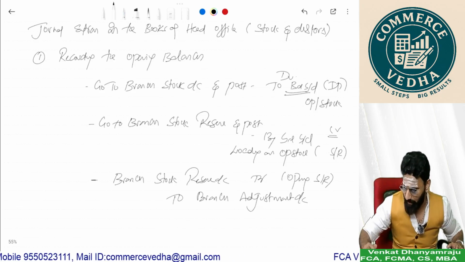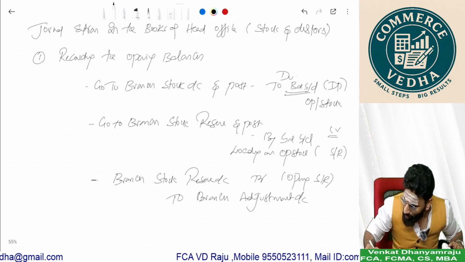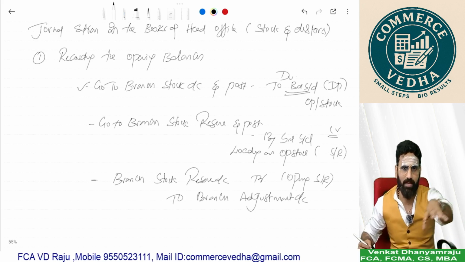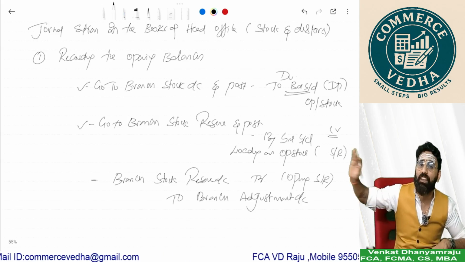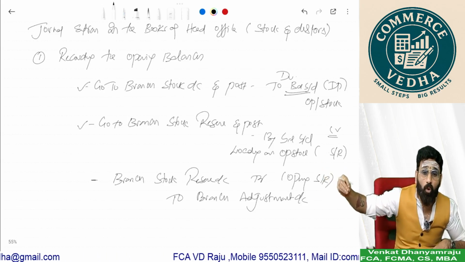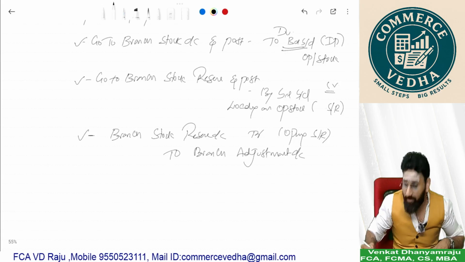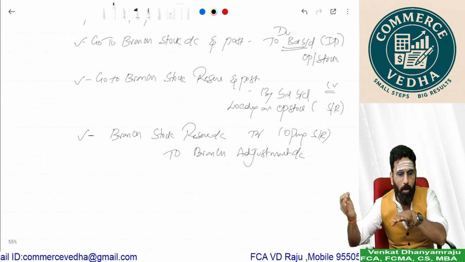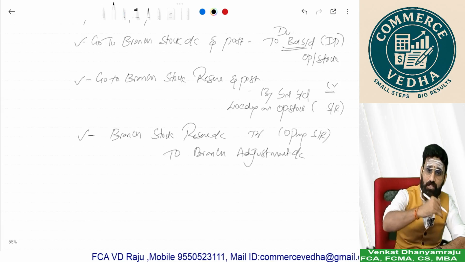This is the first step, recording of opening balances. The first step is to record on the debit side of the branch stock account the opening stock at invoice price. Record on the credit side of the stock reserve account the loading on the opening stock, and immediately pass an entry to nullify the stock reserve by transferring the stock reserve credit balance to adjustment account.